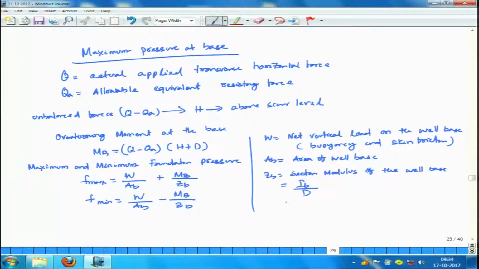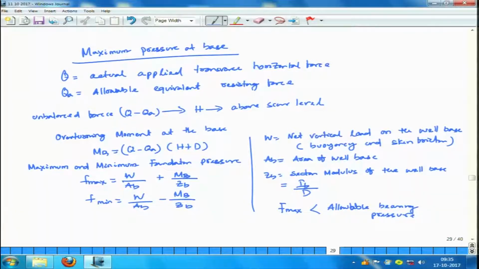So, maximum foundation pressure is always less than your allowable bearing pressure. So, maximum pressure at the base you have to calculate, because whether there is a tensile or compressive, this has to be taken care of.